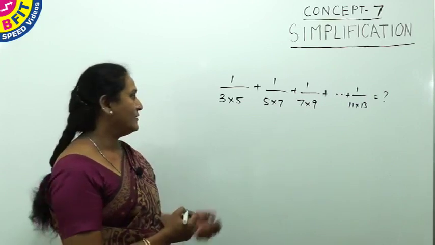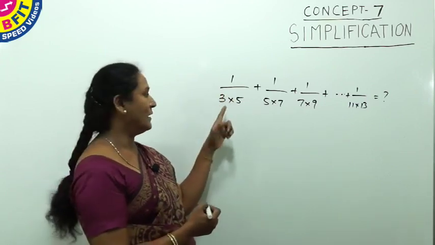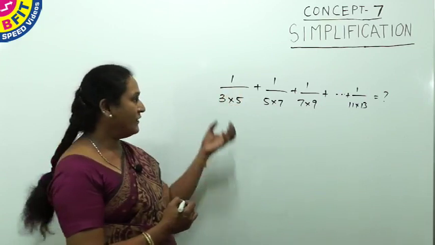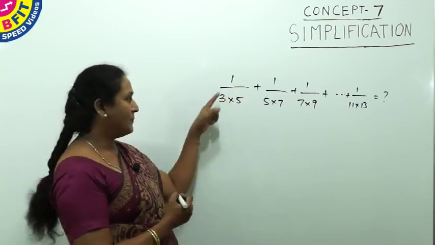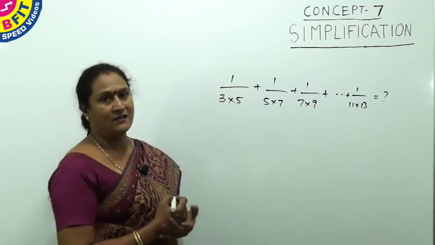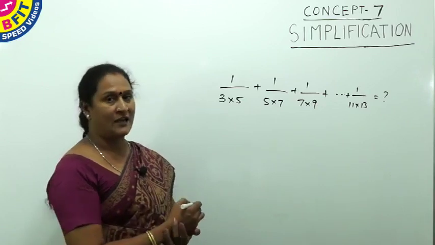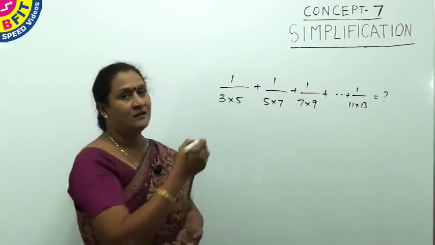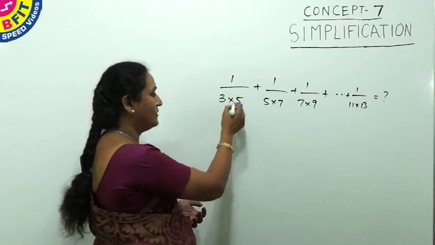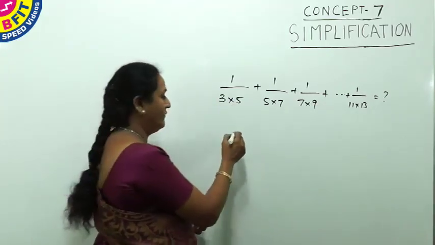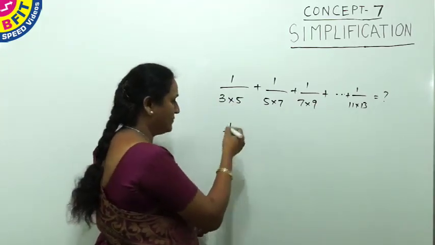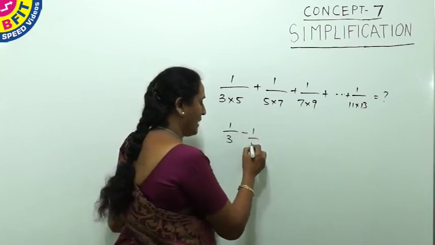So here the first fraction is 1 by 3 into 5. And we can get this fraction by subtracting 1 by 3 minus 1 by 5. By rewriting this fraction, we will see how to get the given fraction. So we have two numbers, 3 and 5, so it is 1 by 3 and 1 by 5.